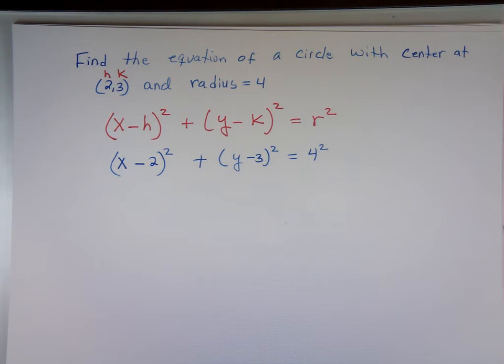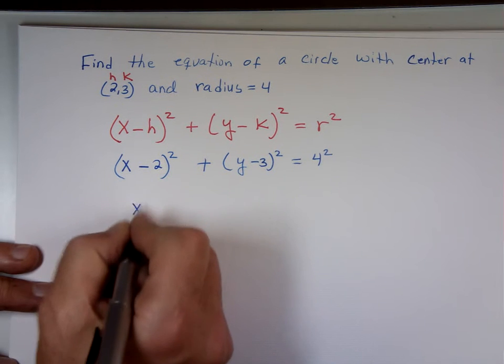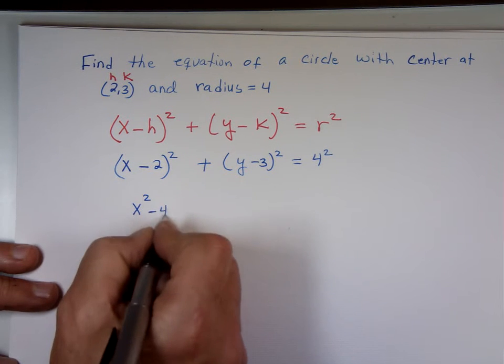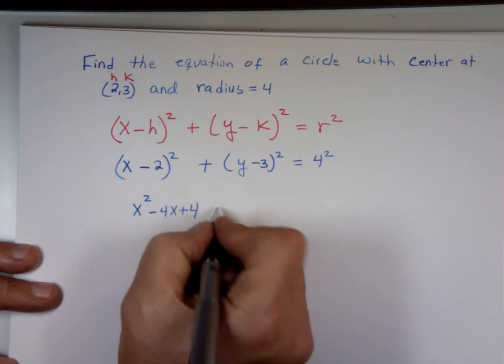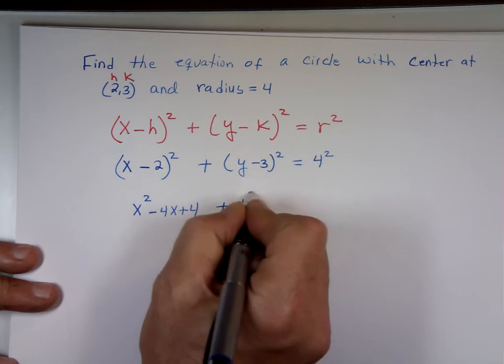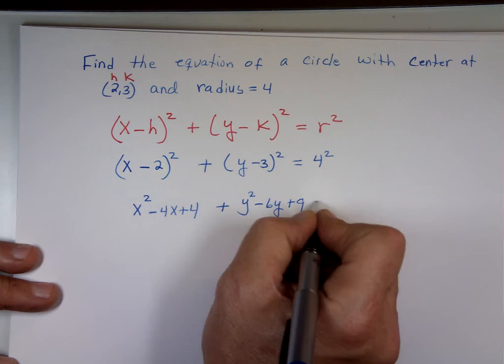And when you clean that up, what are you going to have? That's the FOIL method: x squared minus 4x plus 4, and y squared minus 6y plus 9, equals 16.